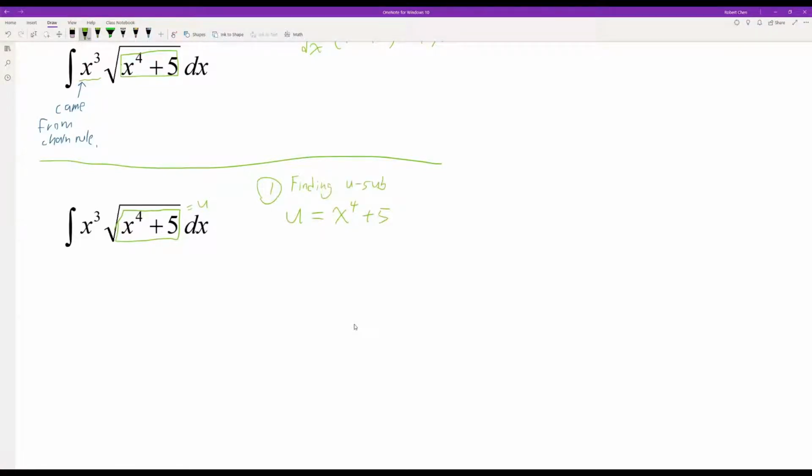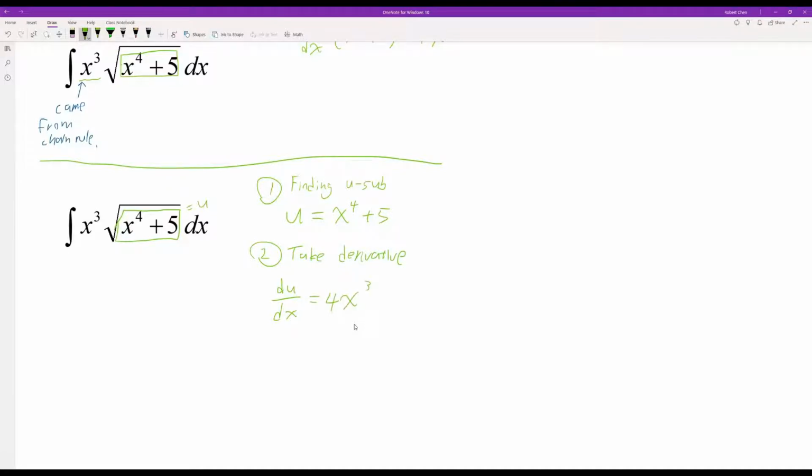The second step is we take the derivative of whatever u sub is given to us. In this case, we picked u to be the inner function, which is x to the fourth plus 5. In most cases, we are going to pick u to be the inner function. Now let's take the derivative of u. du dx is equal to 4x to the third power.